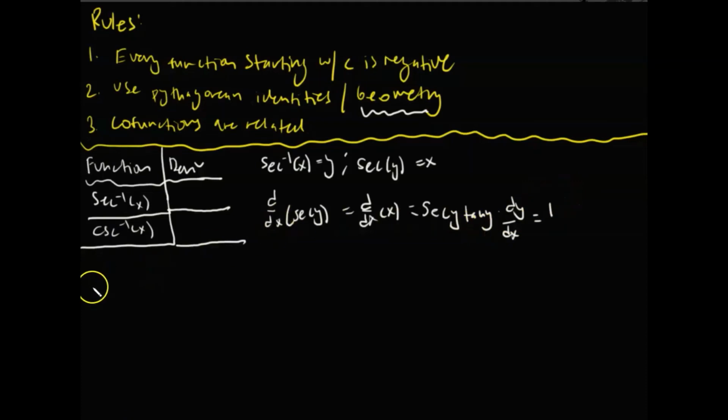Let me bring this here. We want to solve for this dy dx term. We just divide both sides by secant y tangent y. Get rid of it on this side, and then we have dy dx equals 1 over secant y tangent y.